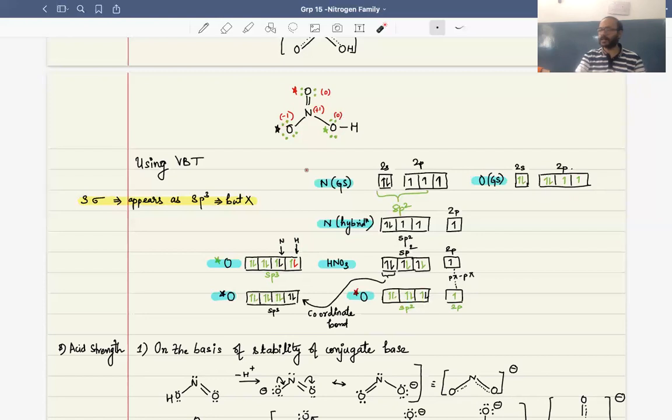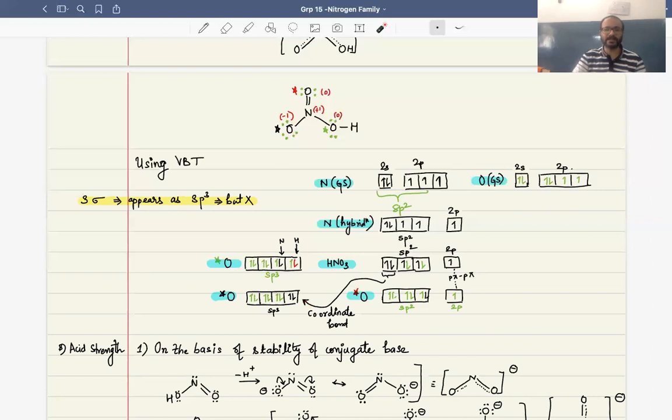This one will give us an indication about the nature of the bond that is formed in here. So if we look carefully, we find that the lone pair that is on the nitrogen here is actually forming a coordinate bond with the oxygen.